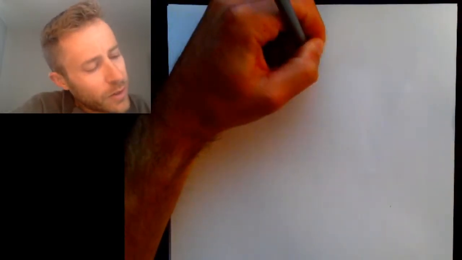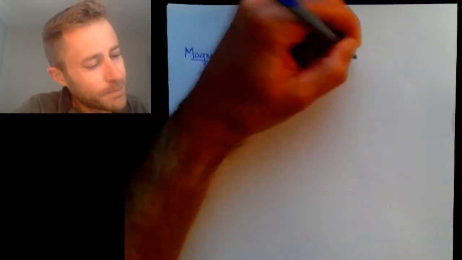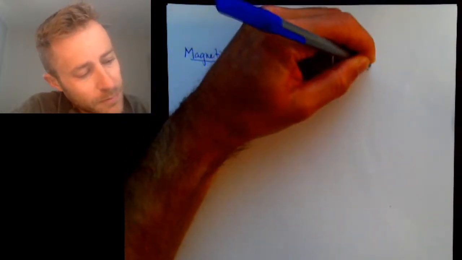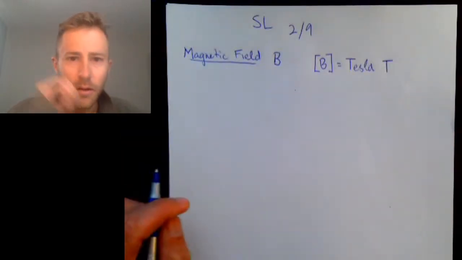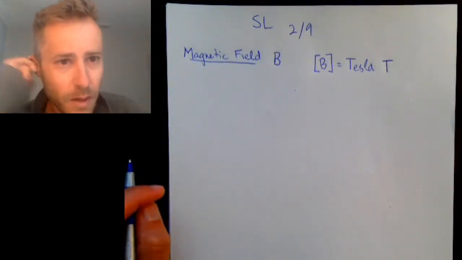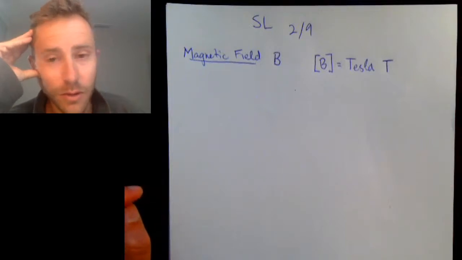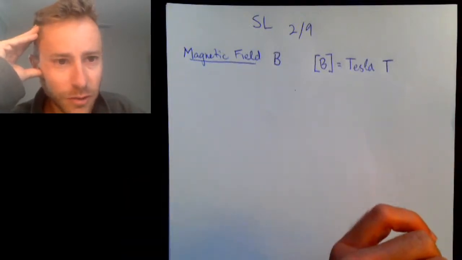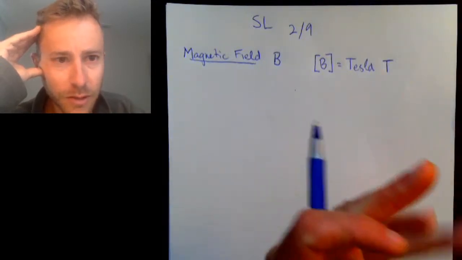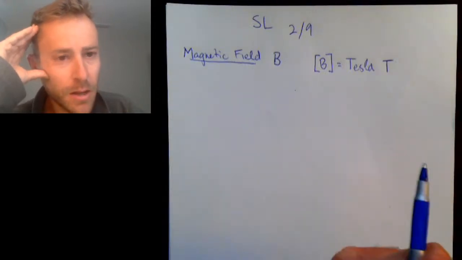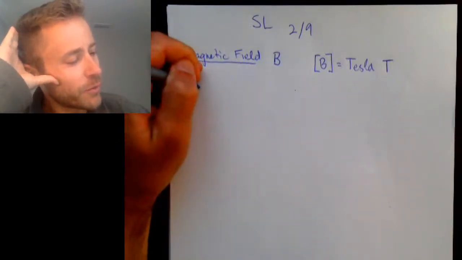The units of magnetic field are called Tesla, which is abbreviated by T. Okay, so that is the unit of magnetic field in general, named after the scientist Nikola Tesla, just like the car. Now, a typical value for magnetic fields.